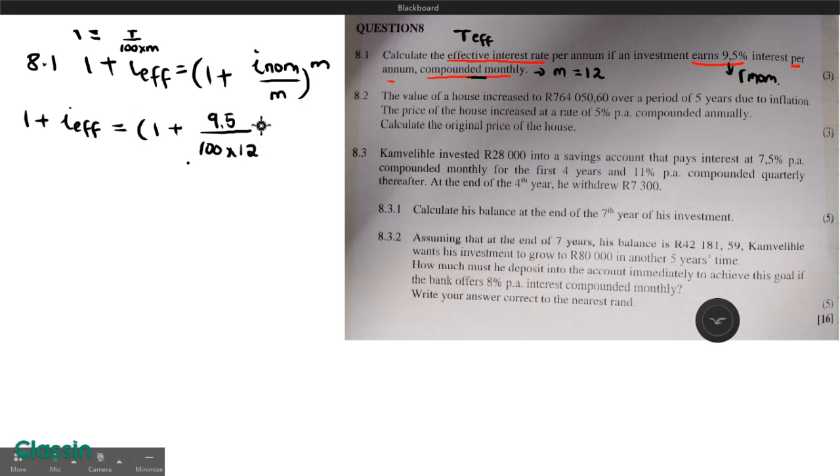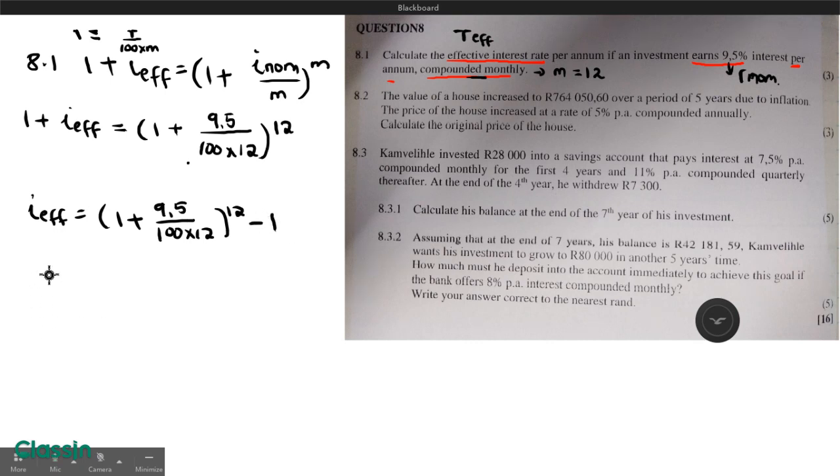Our M is 12, but M in the exponent also says 12. So from this, we have 1 plus I effective equals 1 plus 9.5 over 100 multiplied by 12, to the power of 12, minus 1.